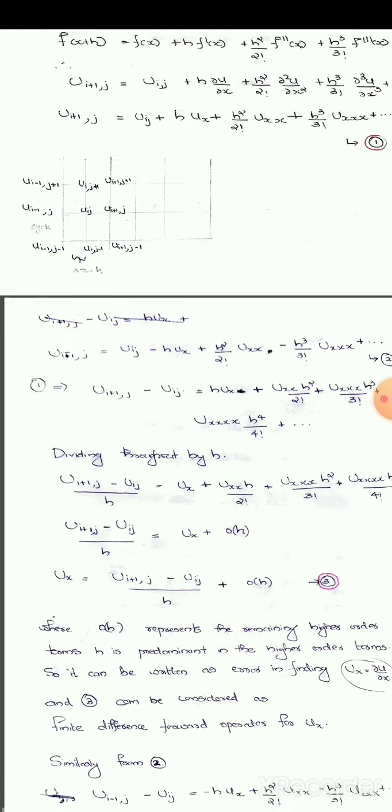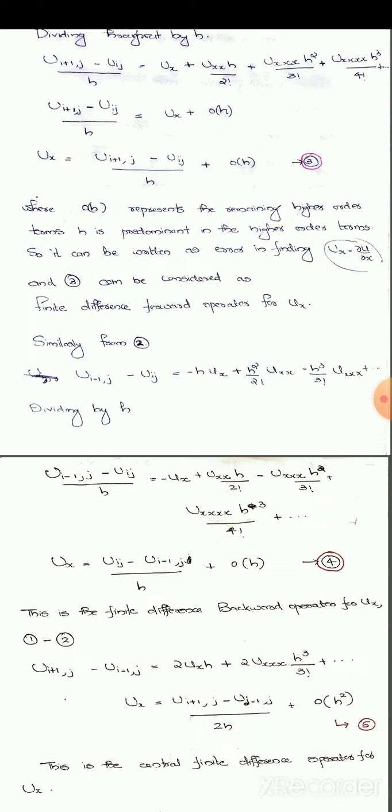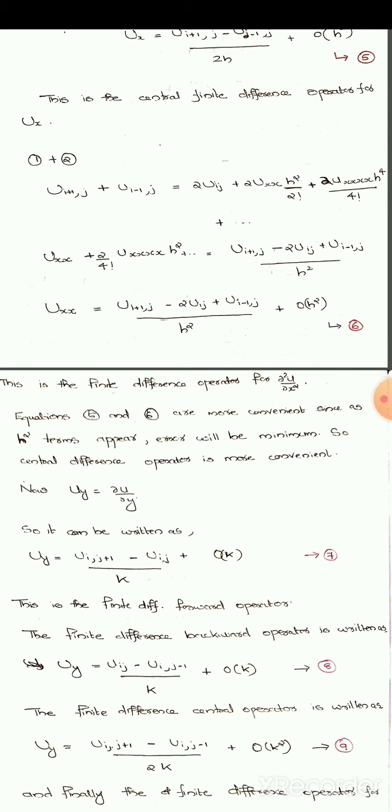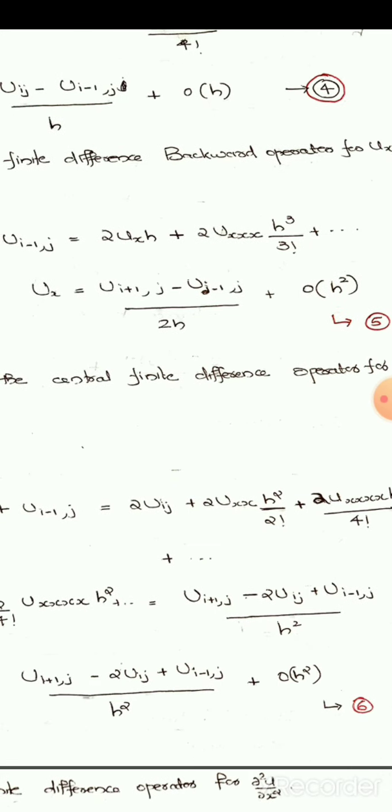Equation number 1 and equation number 2 are subtracted, and we get another equation which is the central difference operator for ux. Adding equation number 1 and equation number 2, we get the difference operator for ∂²u/∂x². We can say that the error will be minimum when the central difference operator is used: ux = (u(i+1, j) - u(i-1, j))/2h plus other terms of h².